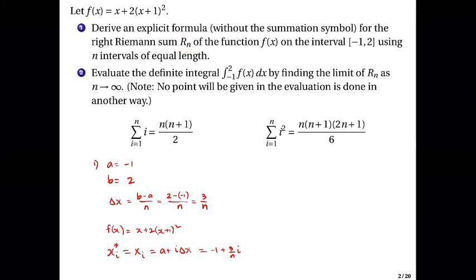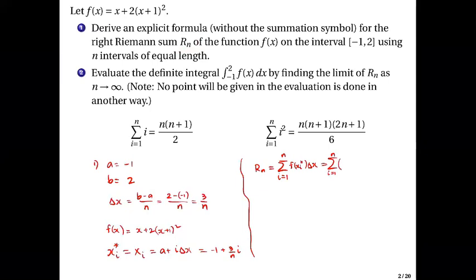And therefore, we are now ready to calculate R sub n. This is just the sum from i equals 1 up to n of f of x sub i star times delta x.